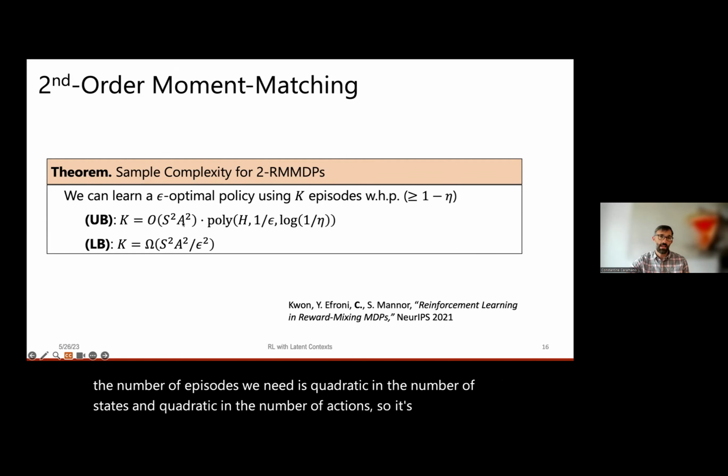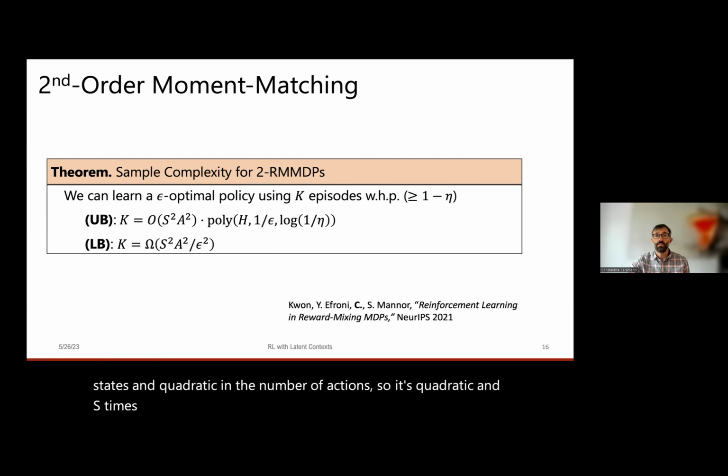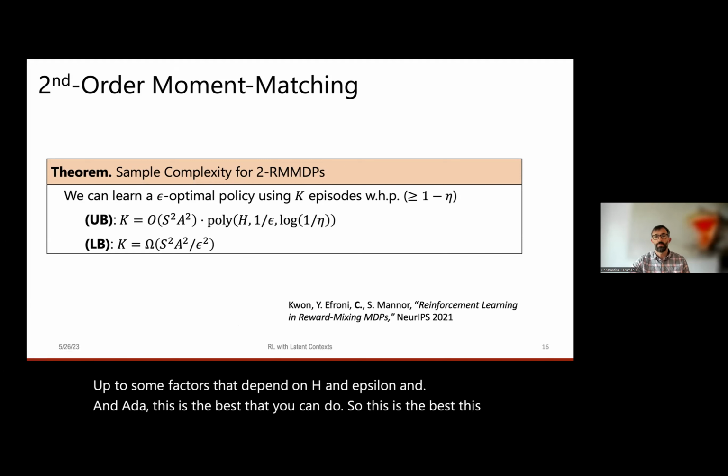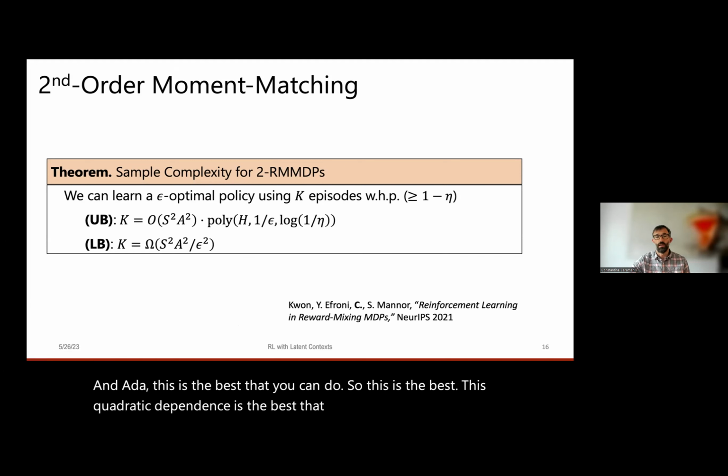So it's quadratic in S times A. And actually, this is up to some factors that depend on H and epsilon and eta. This quadratic dependence is the best that you can hope for in terms of your dependence on the states and actions.